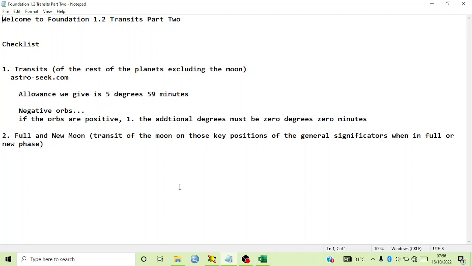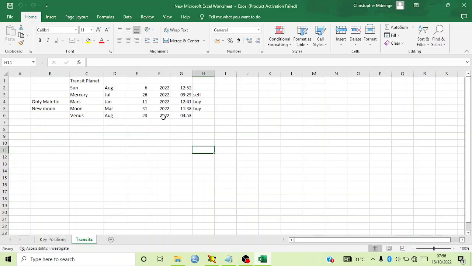Let's say the transit was for Mercury, which transited the location of the significators on July 26, 2022 at 9:29. How do we know whether it's going to be a buy or a sell? How do we know that's going to be a buy or a sell?